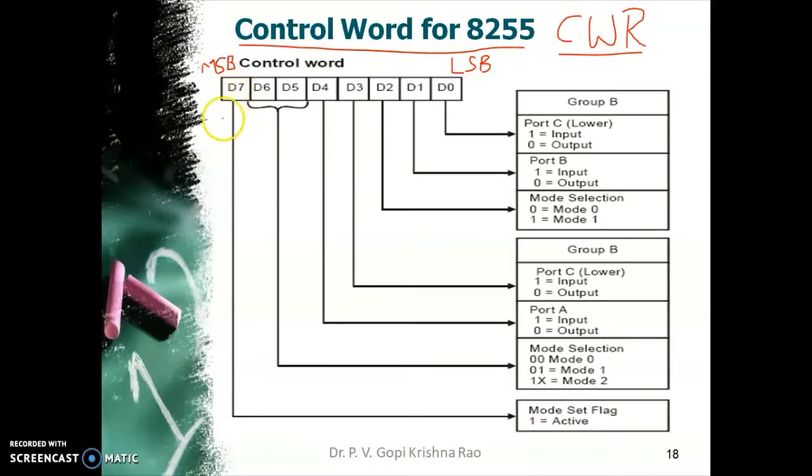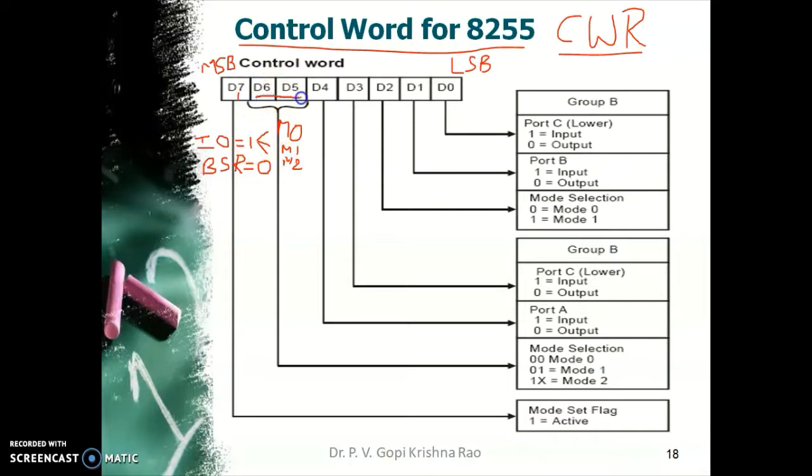MSB bit defines whether you are operating your 8255 in IO mode or BSR mode. To operate 8255 in IO mode, you have to keep this D7 bit as 1, and if you have to operate this in BSR mode, you have to keep this D7 bit as 0. Only when D7 bit is equal to 1, you have 3 modes of operation: mode 0, mode 1 and mode 2.